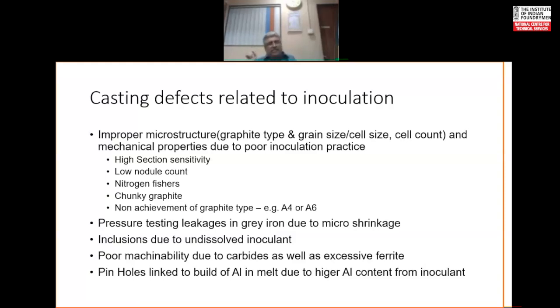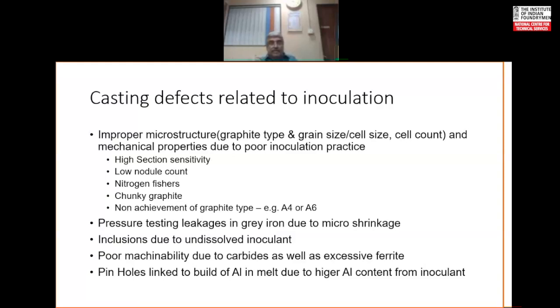Or inability to achieve a graphite flake type, A4, A6, say, in engine blocks. So again, what you are looking at is whether the choice of inoculant is right or not, whether the place of inoculation is right or not, and whether your dispensing unit is working well or not.